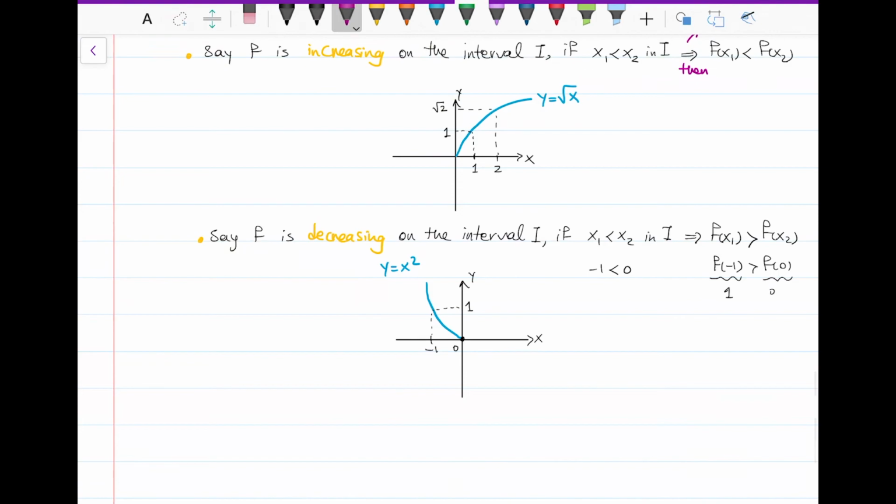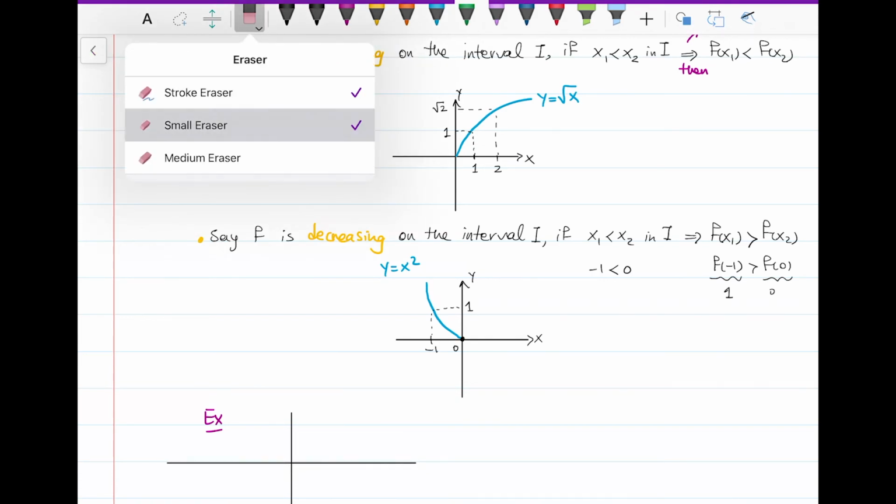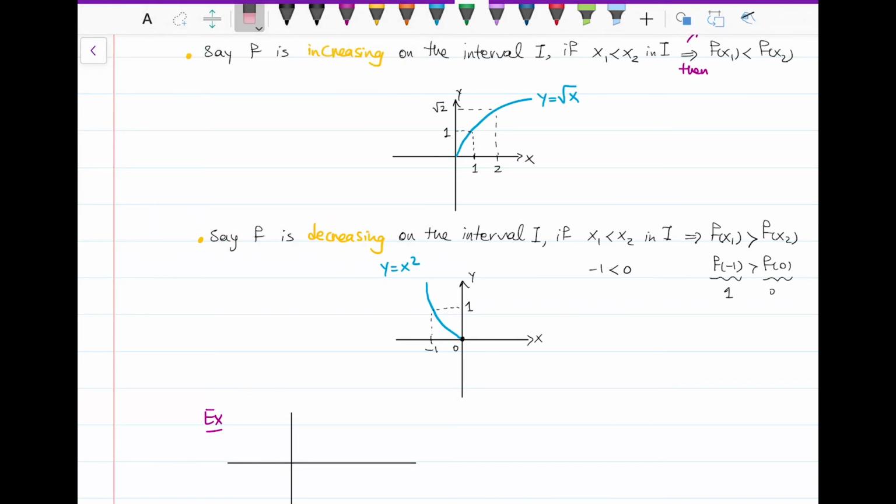Okay, let me give you just one more example. Look at this function, for example. This is y-axis, x-axis, and the graph looks like this.